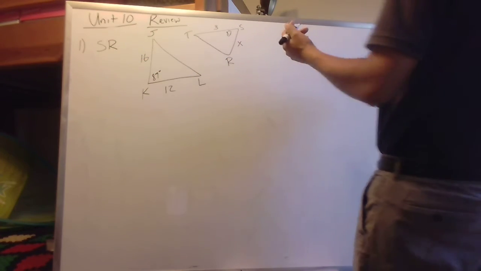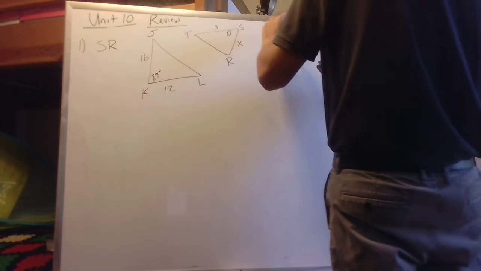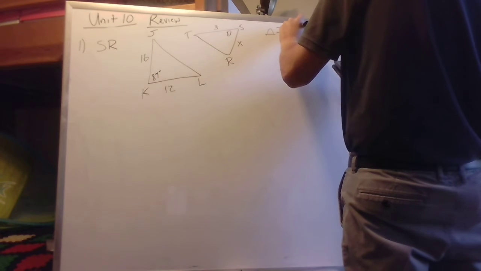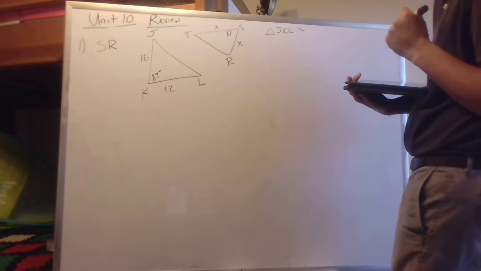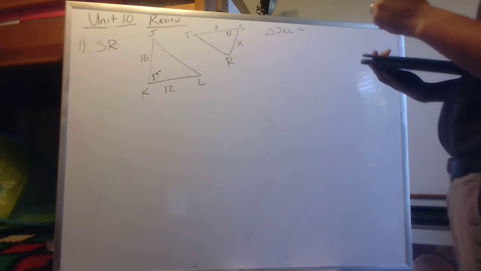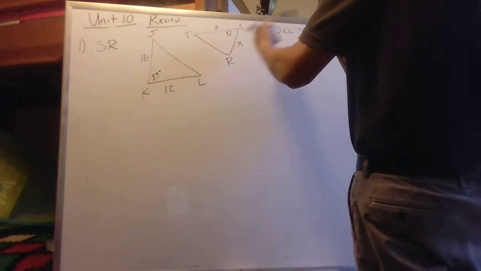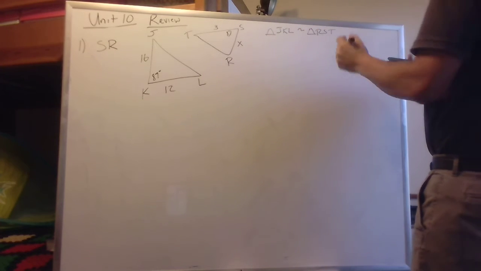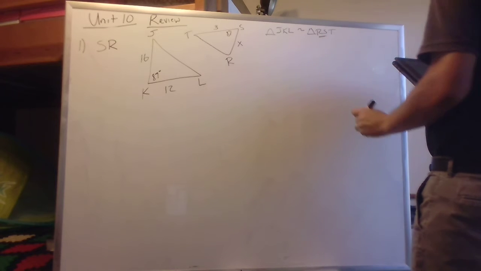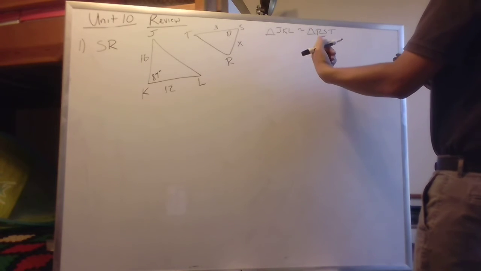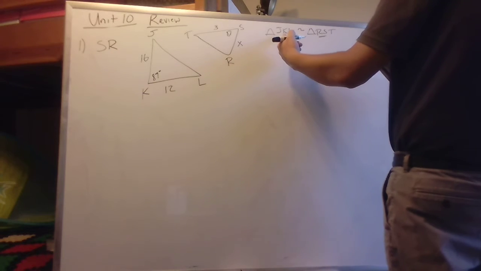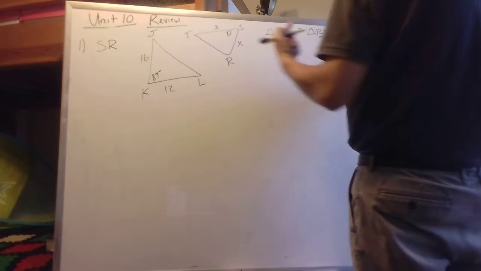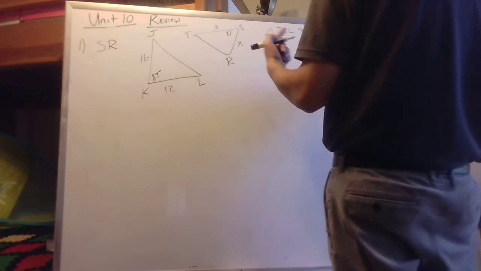So if we're going by alphabetical order, it would go triangle JKL is similar, it's just that little squiggly line, to triangle RST. So RS is the first two letters of triangle RST, and then JK would be the first two letters. So we know that JK does in fact correspond to SR, like I was saying.